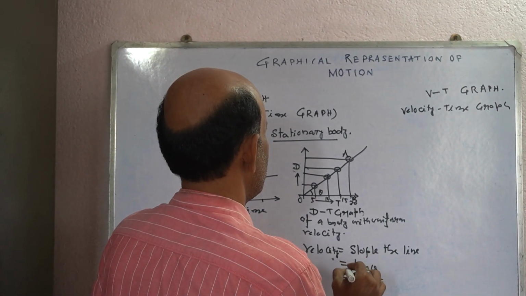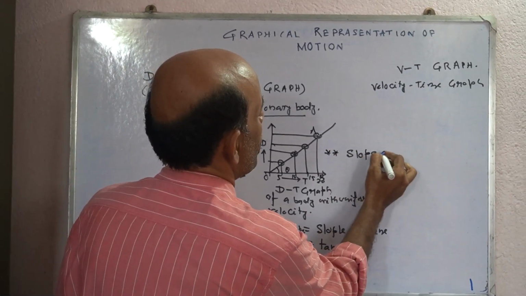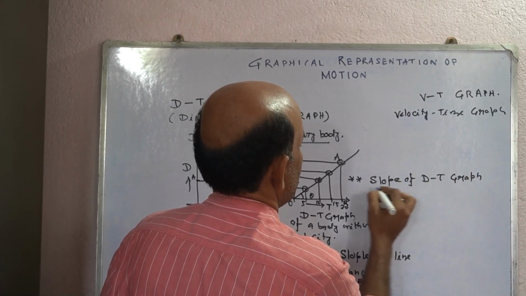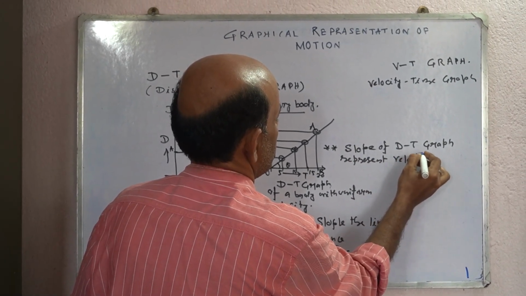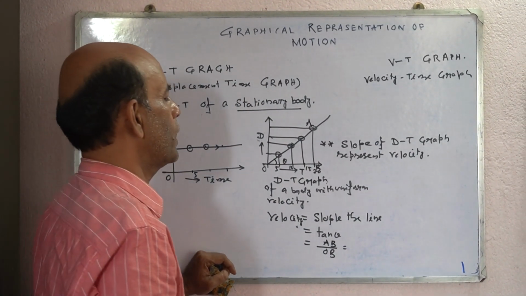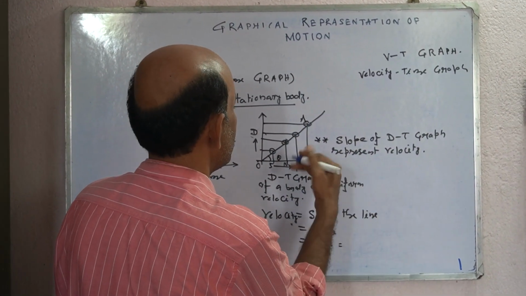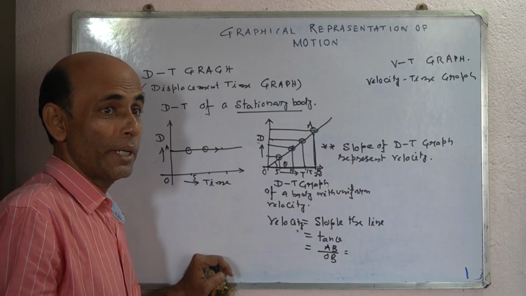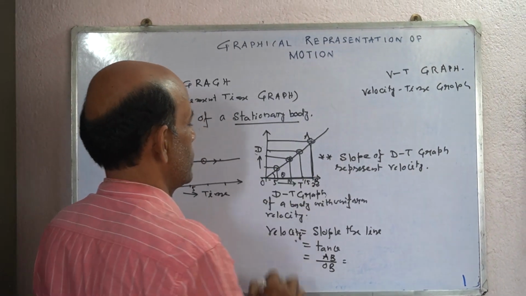Important point: the slope of a DT graph represents velocity. How to calculate velocity? It can be calculated by perpendicular by base. From the graph, you have to calculate perpendicular by base.